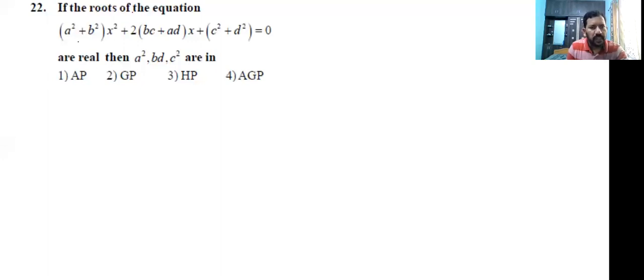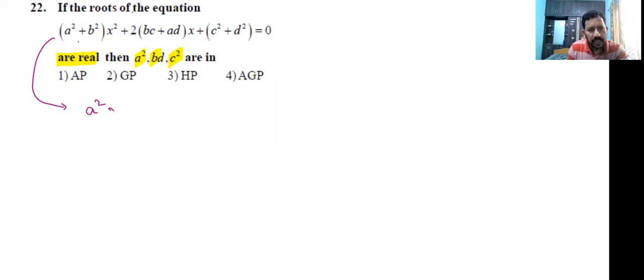22nd question. If the roots of the equation are real, then a square, bd, c square are in AP, GP, HP or AGP. First, see the quadratic equation here.